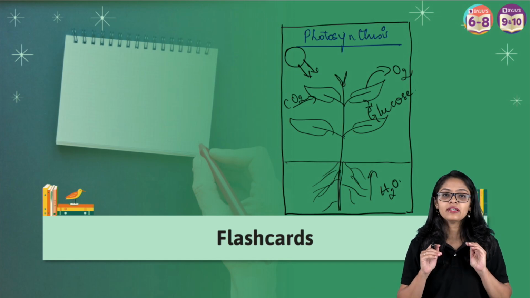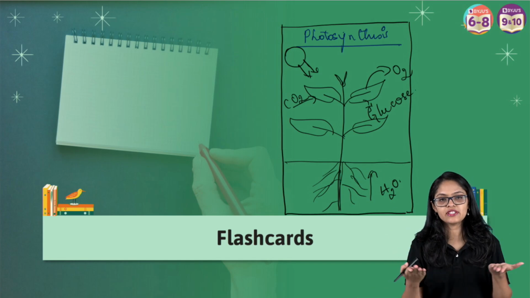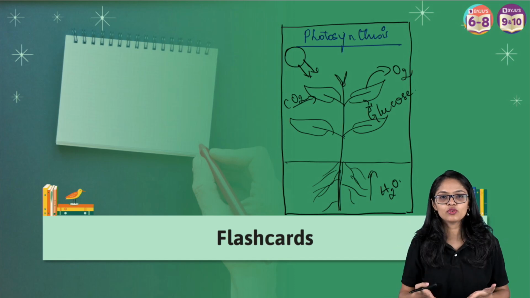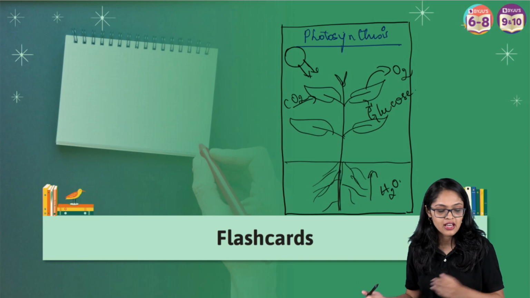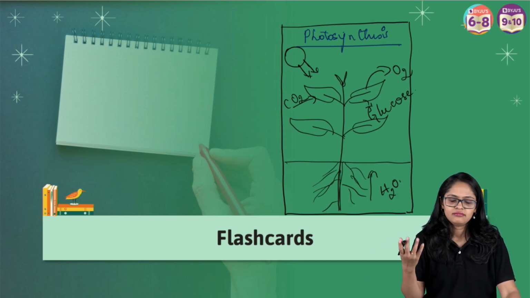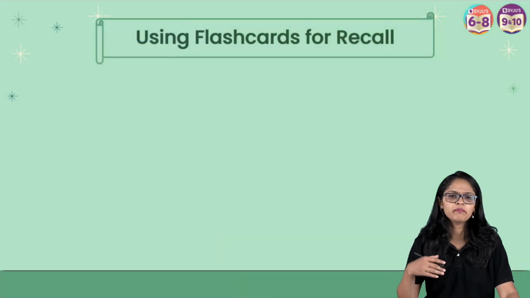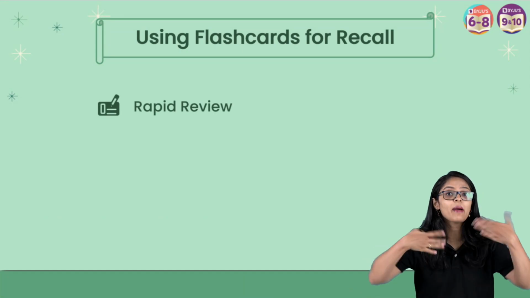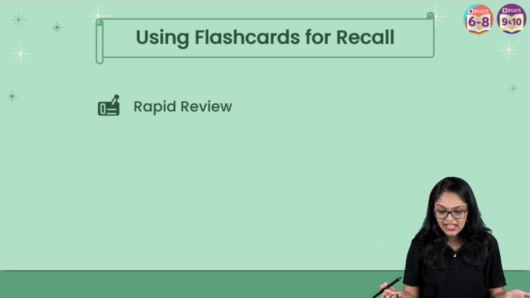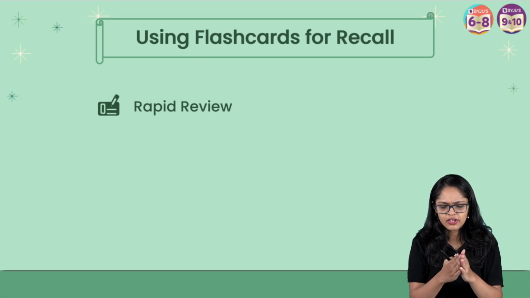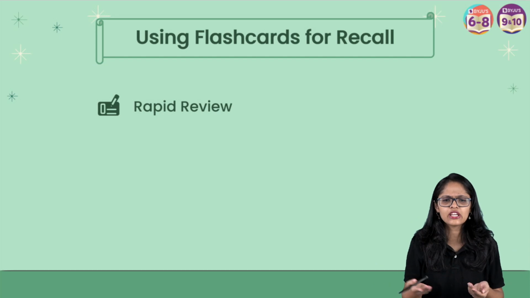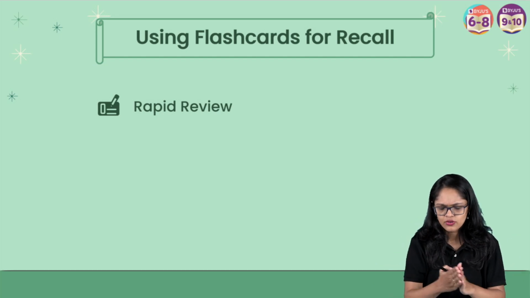You remember exactly what photosynthesis is whenever you look at this. So you make this while studying. Flashcards help you with better memory and rapid revision. Whenever you are struggling to recall what photosynthesis is, you just look at the card.